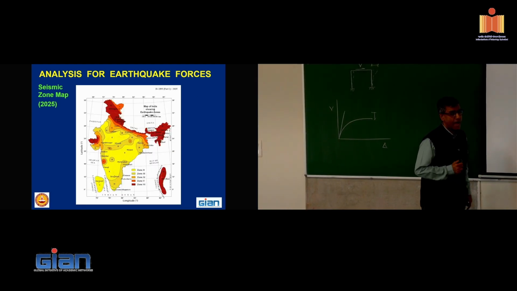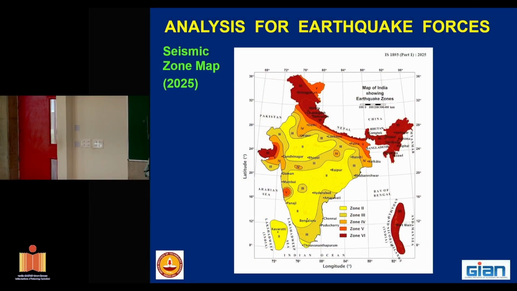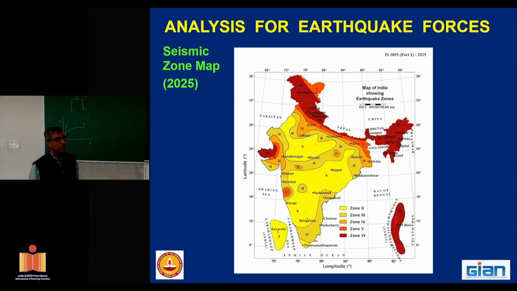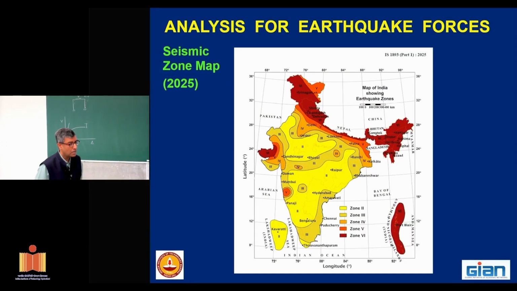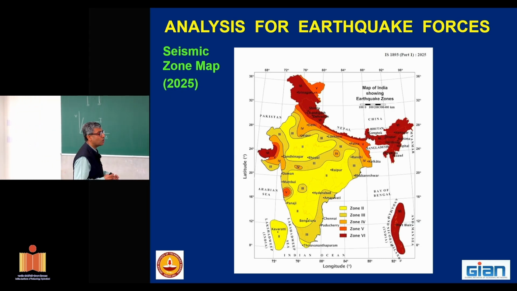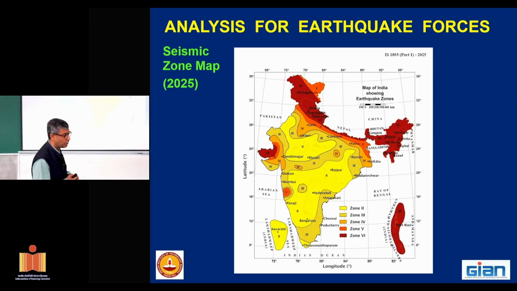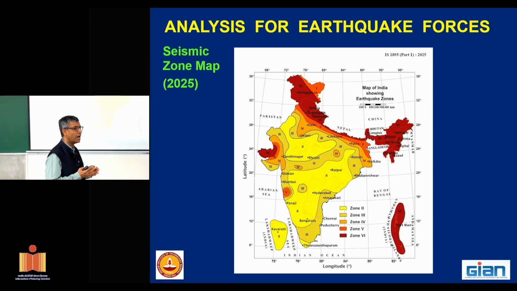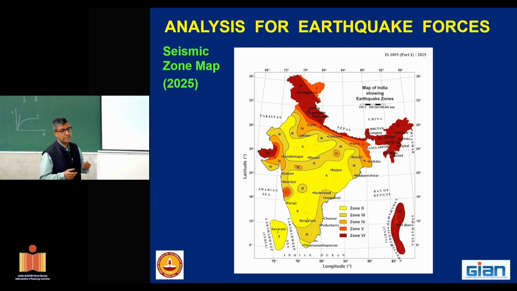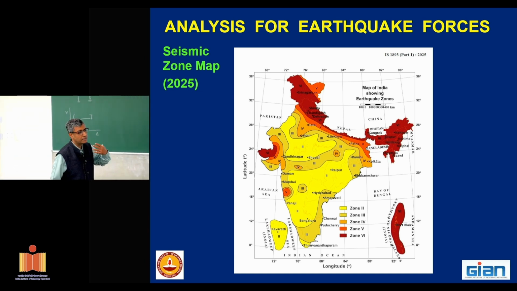Now this map has changed substantially in the latest version of 1893. The main difference is that the previous map was based on recorded data, whatever we had over the last 100 plus years. But now a new method has been developed, called probabilistic seismic hazard analysis.